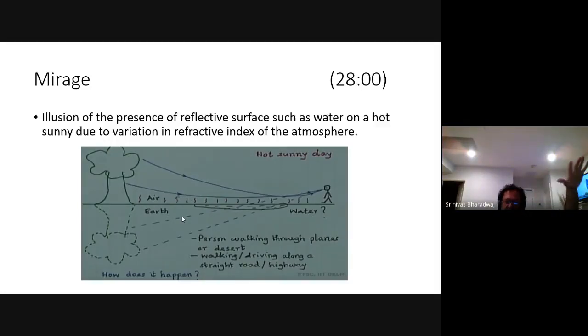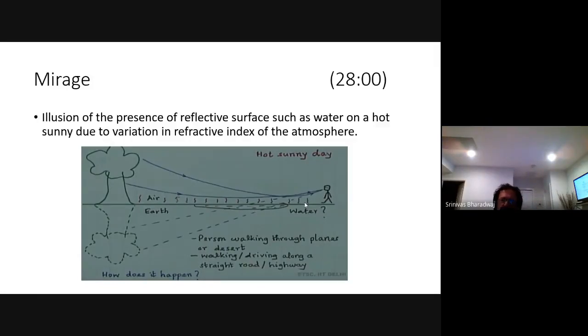Now, the light from this tree, right? You should not be able to see it, but then it bounces and it comes off, and you do see it. That happens because the light bends, because closer to the water you have a different refractive index versus elsewhere.